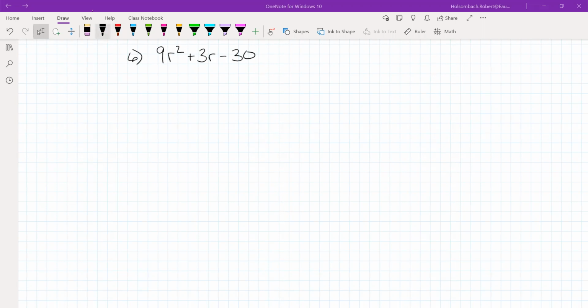So let's take this factoring that we've been doing all week and apply it to the area of a rectangle.